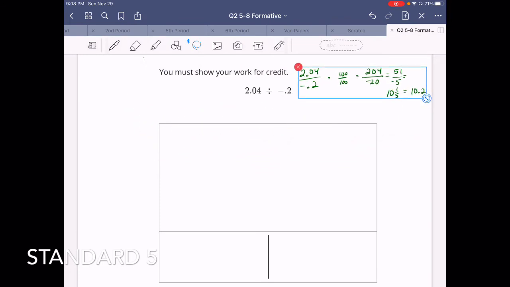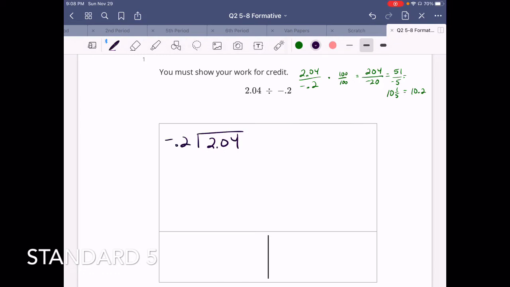So this is 2.04 divided by negative 0.2. I forgot the negative. Now I'm going to move this decimal over 1, leaving it as 20.4, and bring that straight up.